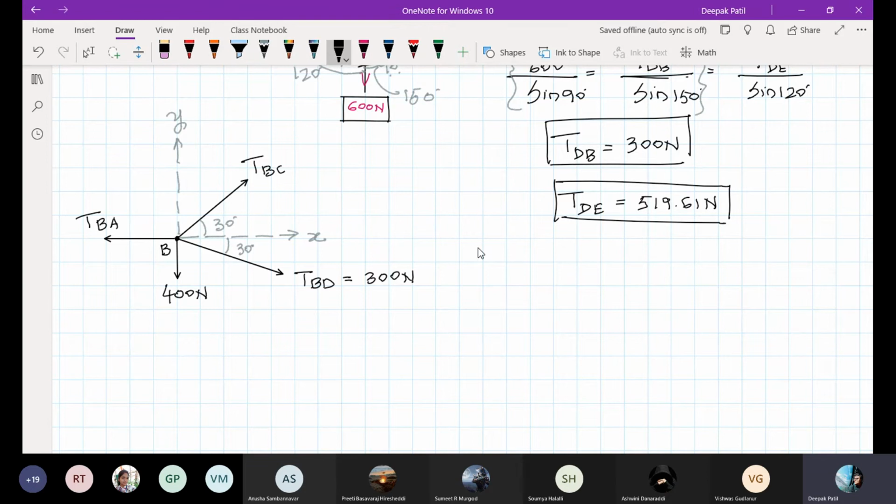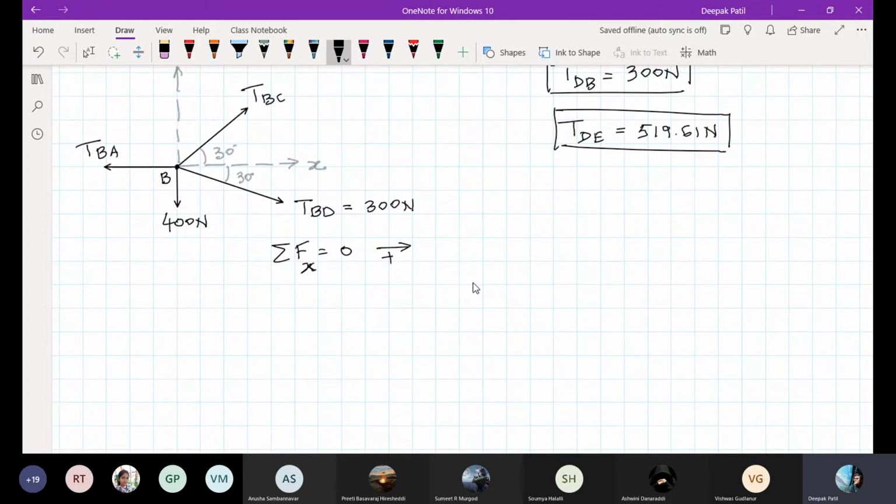The first one is, let us take summation of all the forces in x direction as 0. And the sign convention I'm following is all the forces in this direction as positive. This is one of the equilibrium equations I can apply, and there is one more, summation of Fy equal to 0. I will come to that part later.